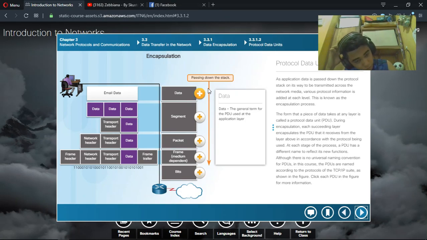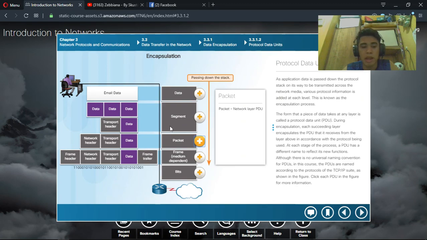It's the data from the application layer, and when it is encapsulated at the transport layer, it becomes a segment. The data will be divided, and it will have a transport header, which identifies the data as a segment.